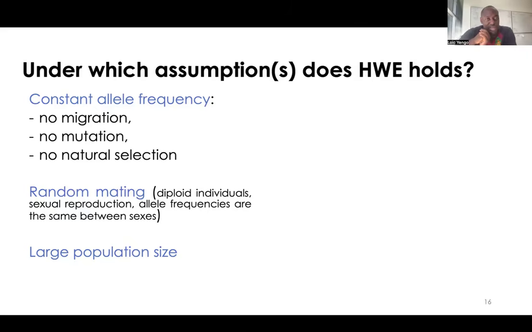What I presented here is in the context of diploid individuals undergoing sexual reproduction. A further assumption is that the allele frequencies are the same between the sex groups. The other one is a bit of a technical assumption, but we will cover that during the practical: the population has to be large. This taps into an evolutionary force called genetic drift, which we're going to talk about more during the practical. So that gives you an overview of some of the assumptions underlying the Hardy-Weinberg equilibrium.